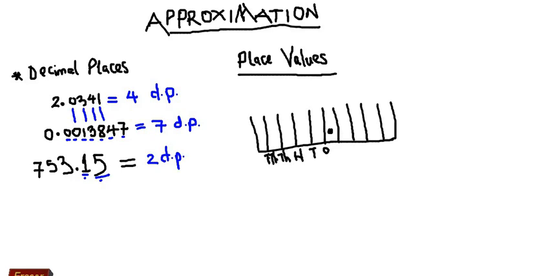The 10,000s are followed by the 100,000s, and these place values continue infinitely to the left. Then to the right of the decimal point, we also have place values that extend infinitely, starting from the 10th.